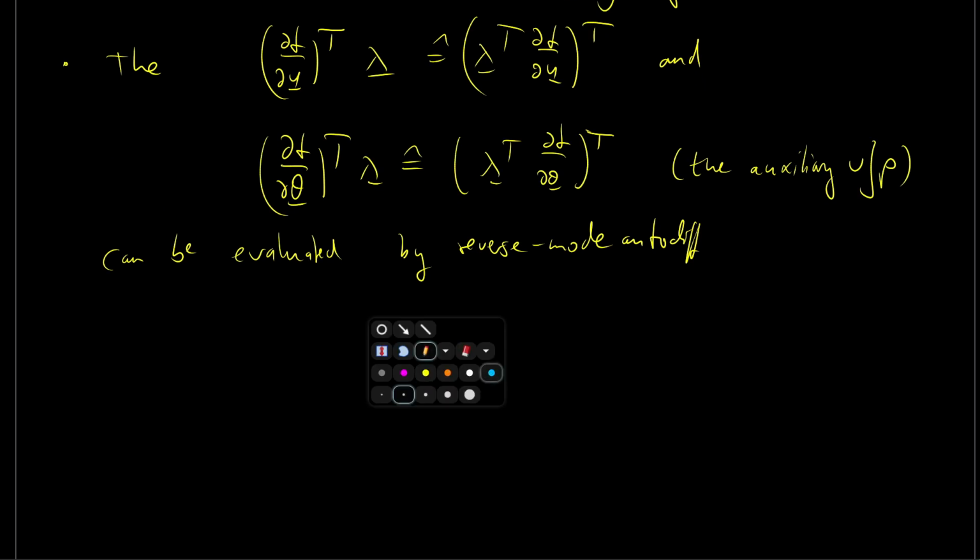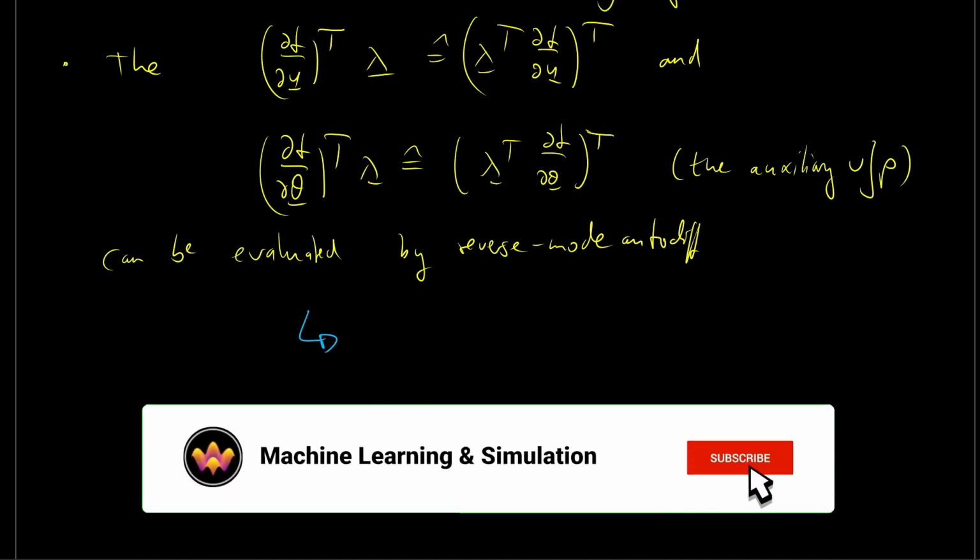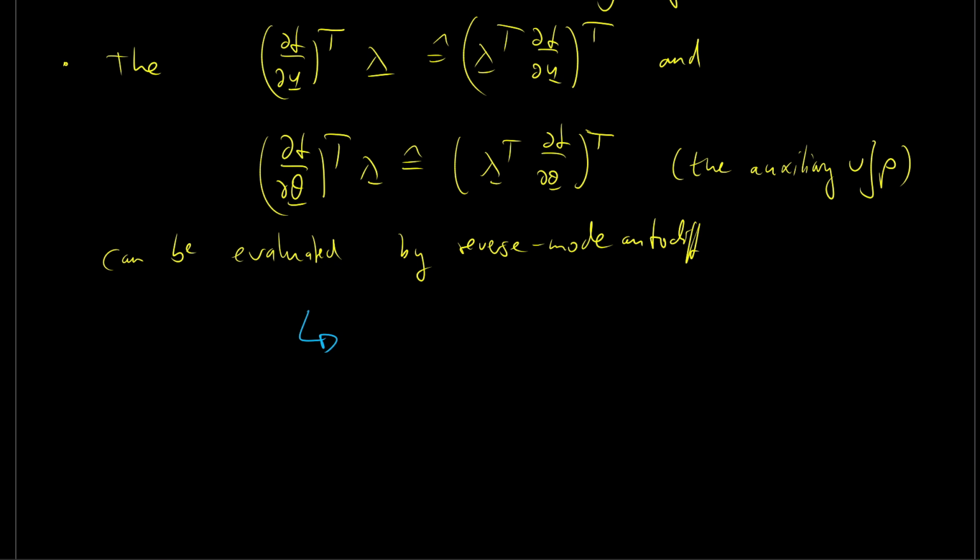So let me write this down, that in general, so of course if you have, let's say, linear ODEs or something, then this might not necessarily be too troublesome for you, but in general, if you have highly nonlinear ODEs, as you would have it for neural ODEs, you would require the primal solution trajectory. So in general, this requires the primal, or let's also say the full, in order to indicate that, primal trajectory.